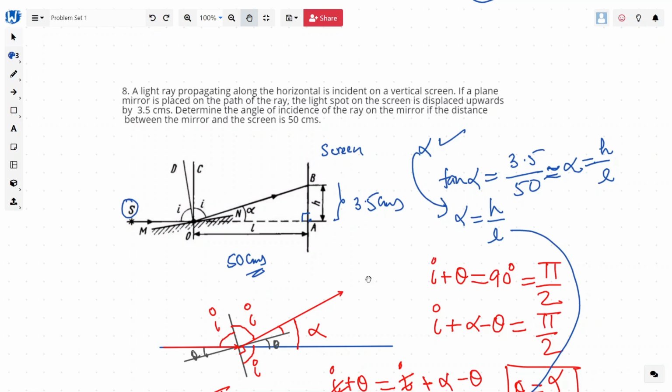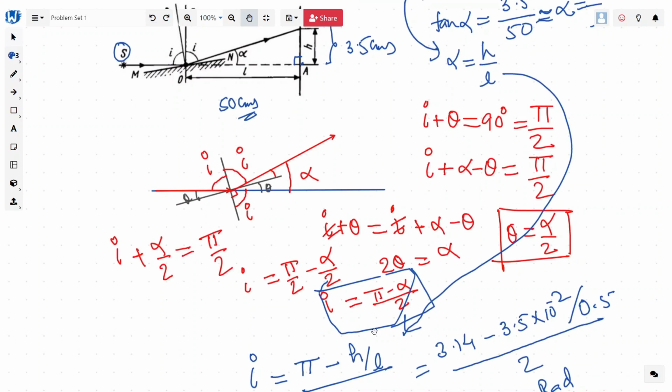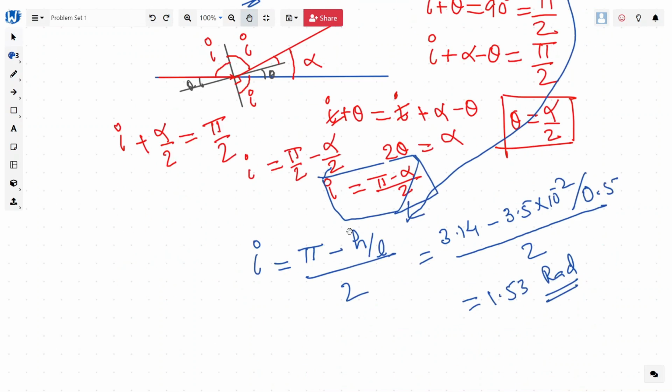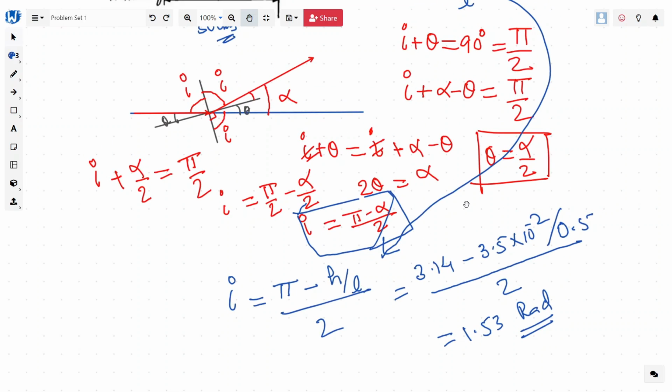Then we endeavored to write some equations to find a relationship between alpha and I. Using some basic trigonometry, we wrote 2 equations, solved them, found that relationship, and then plugged in the numbers to find the answer. So this was the first problem set we did, which will be followed by a few QEs.